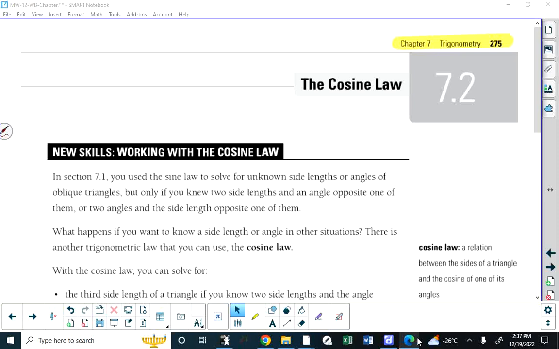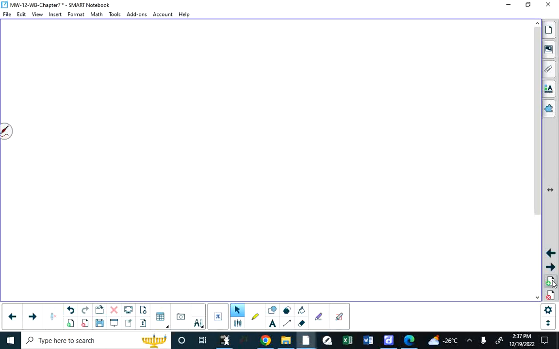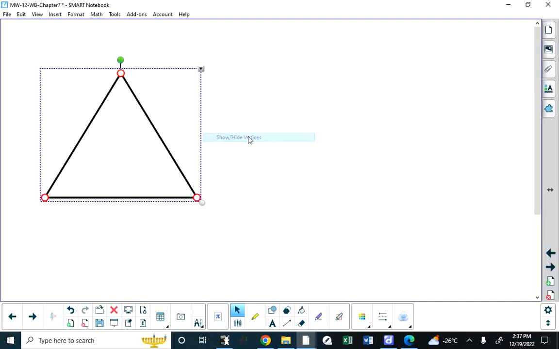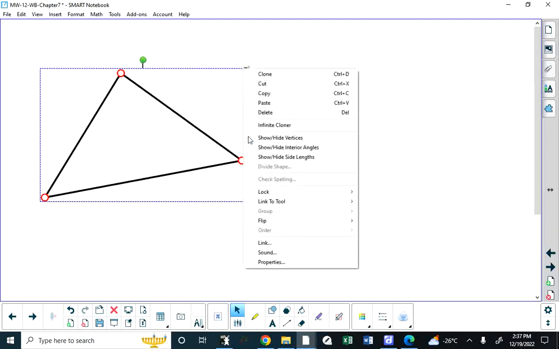We're going to be looking at the cosine law. You were just given this handout. And just like there is a law called the sine law, and we use it for a certain situation, there is a cosine law. Let me give you a couple of illustrations of triangles. So there's a triangle.